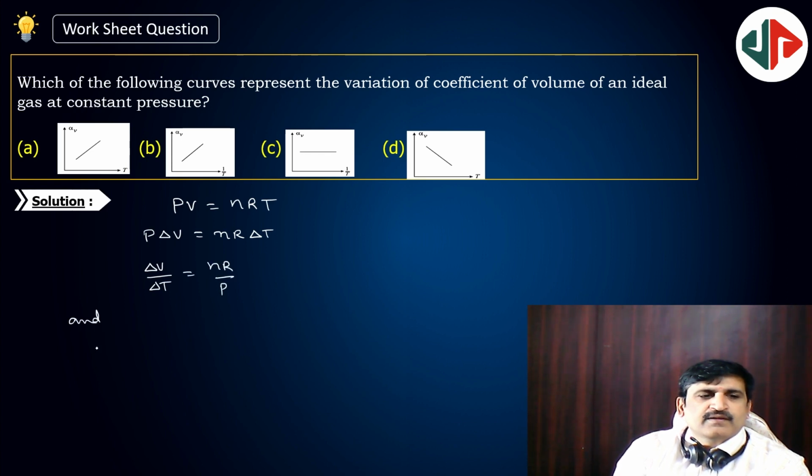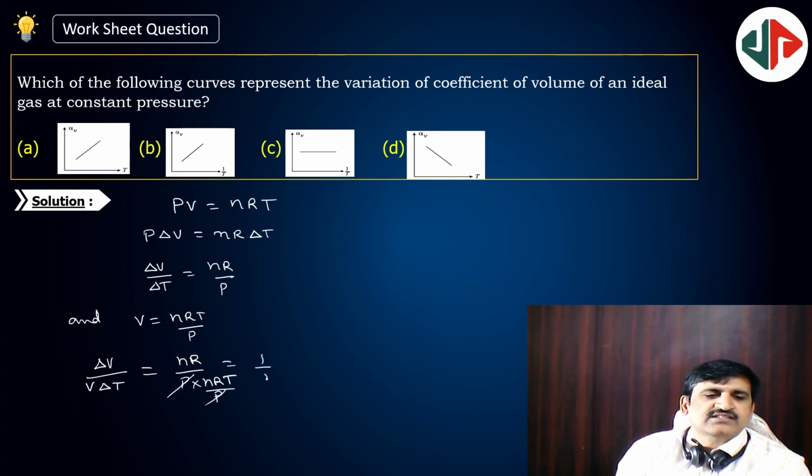And we have PV equal to nRT, so V is equal to nRT by P. Dividing this one also, delta V by V delta T is equal to nR by P divided by nRT by P. P gets cancelled, nR will cancel, 1 by T will come.